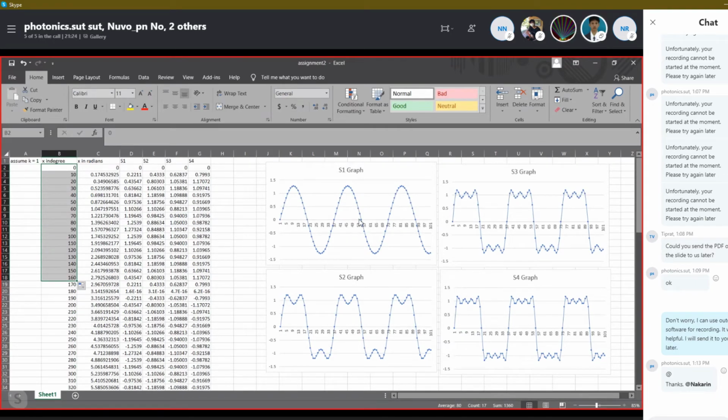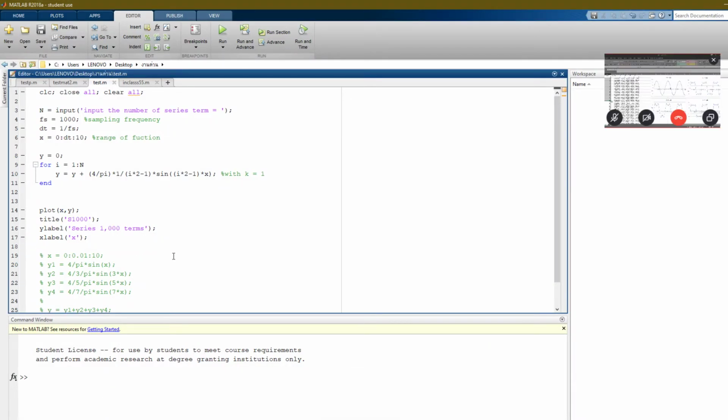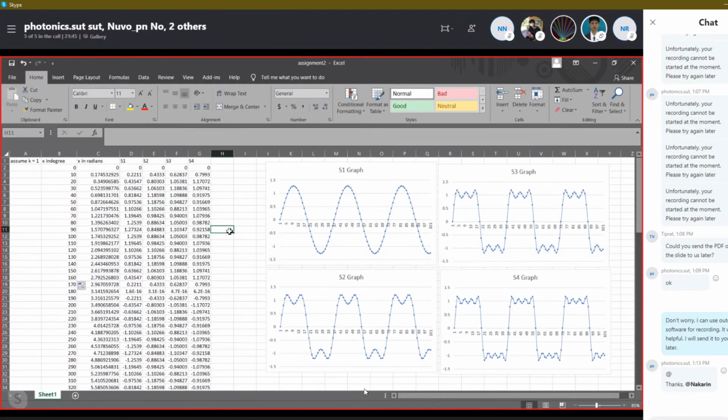So now the horizontal axis is in degrees, right? This is the S1 result. S2 is like that one. S3, and S4.